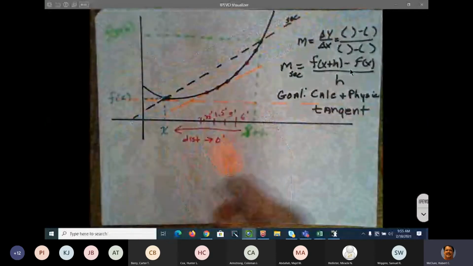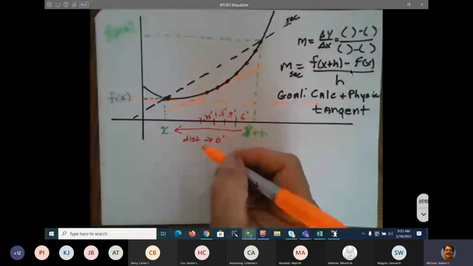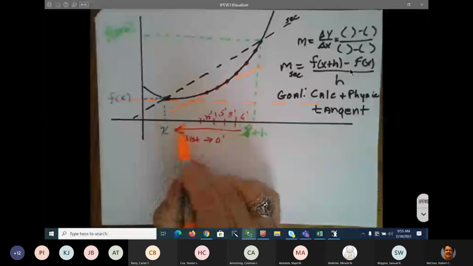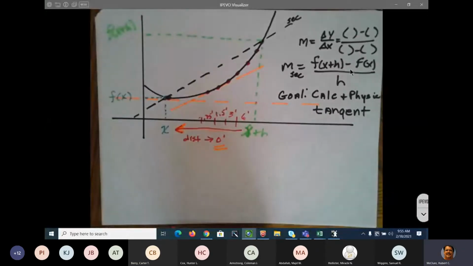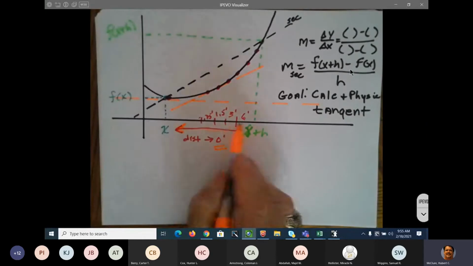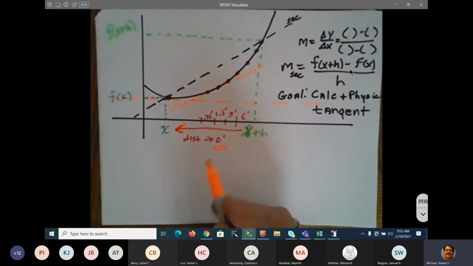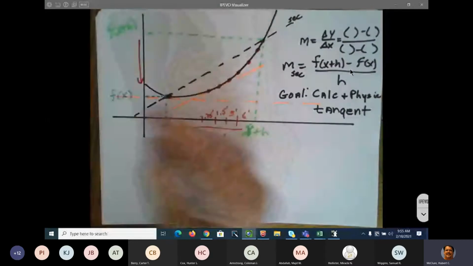So in order to make the secant line turn into the tangent line, the distance has to approach what? 0. Okay. The distance, this red distance right here, has to approach 0. Now, of course, if the x decreases, the distance between x and x plus h decreases, and that's called the squeeze theorem.